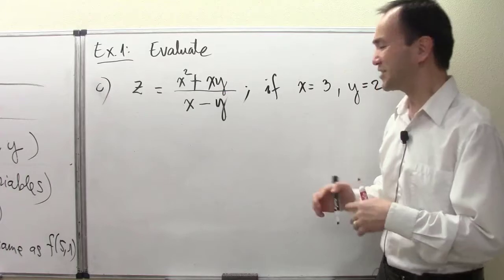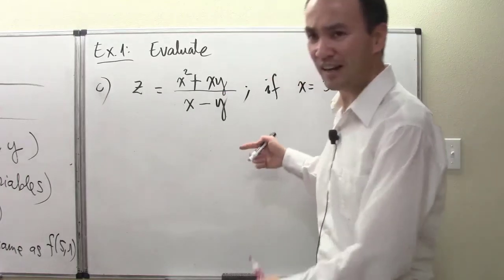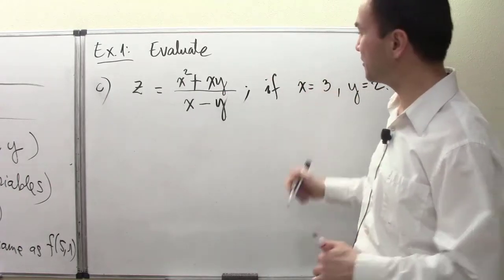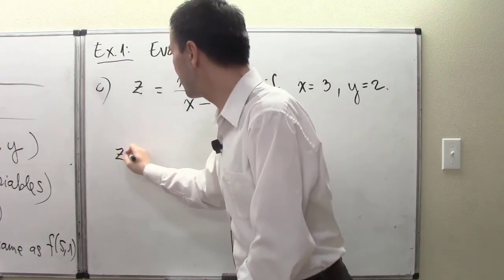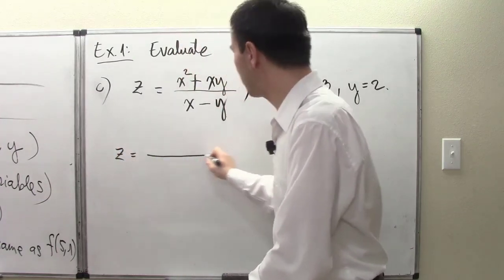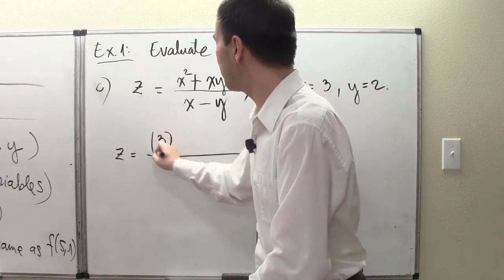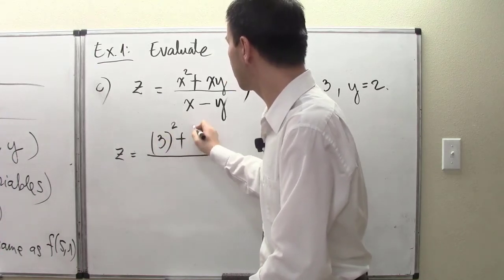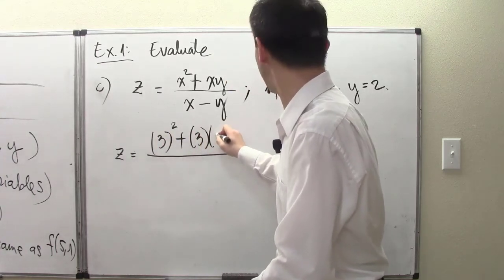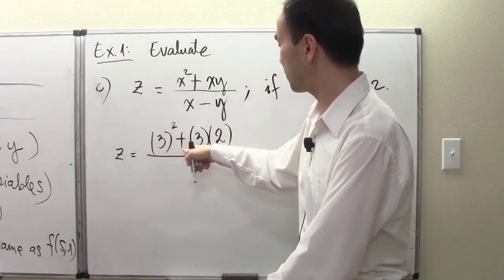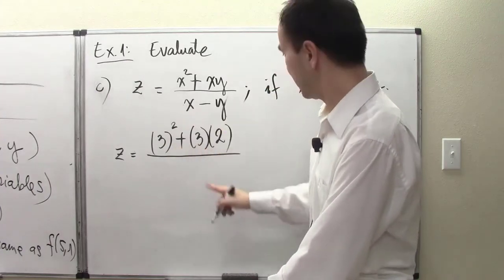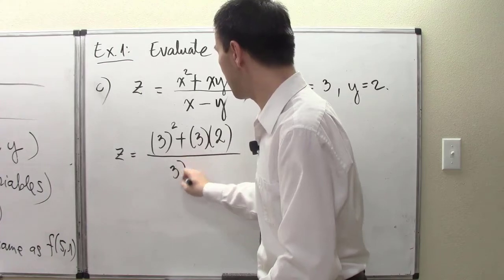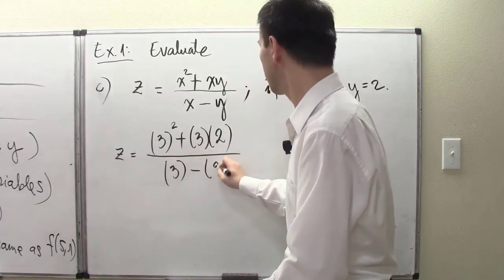So I'll simply substitute in these values. For z, 3 is substituted for x, so 3 squared plus 3 times 2 in the numerator. In my denominator, I'm looking at 3 for x minus 2 for y.